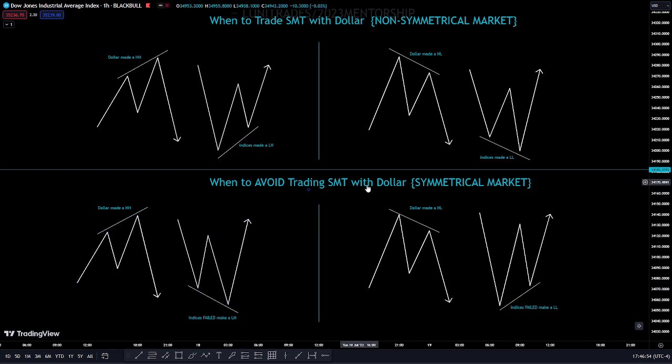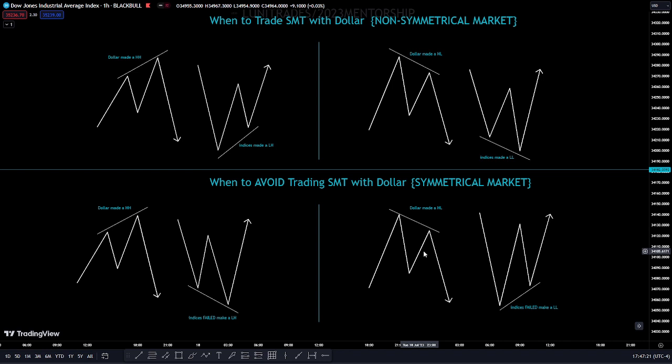That's when you want to avoid trading S.M.T with dollar. Also here too, dollar made a higher low, so it didn't take liquidity, and indices failed to make a lower low. So indices too didn't take liquidity. You also want to avoid trading S.M.T in such scenarios.